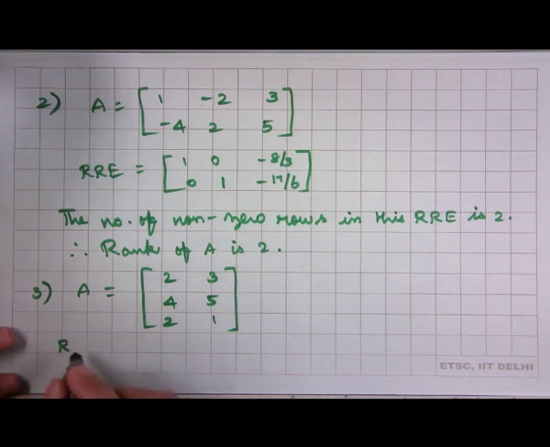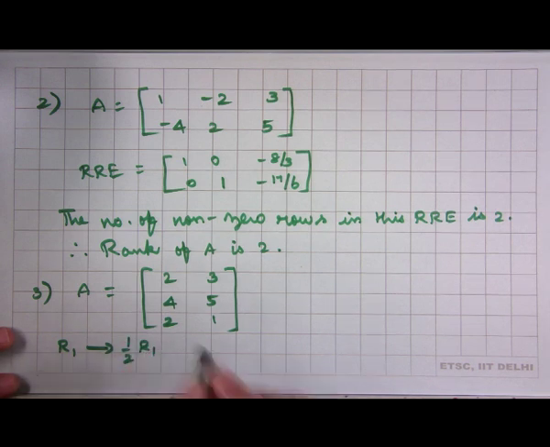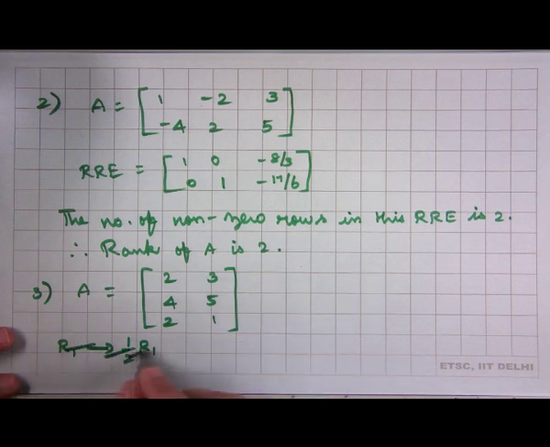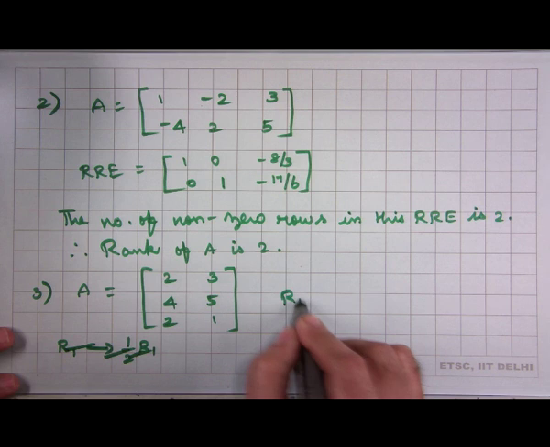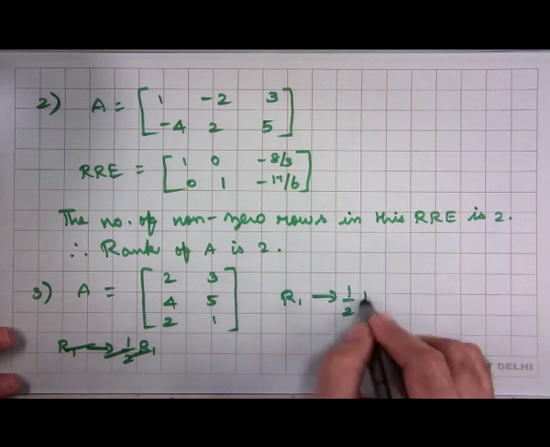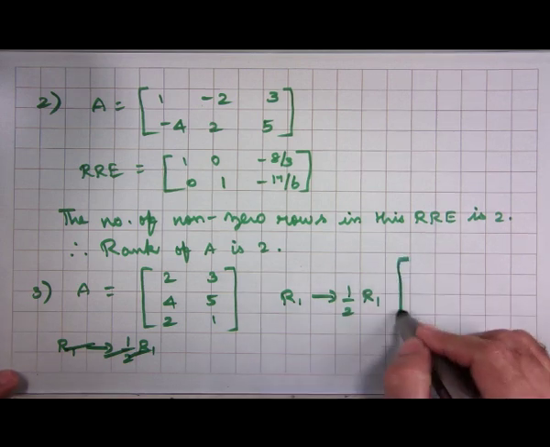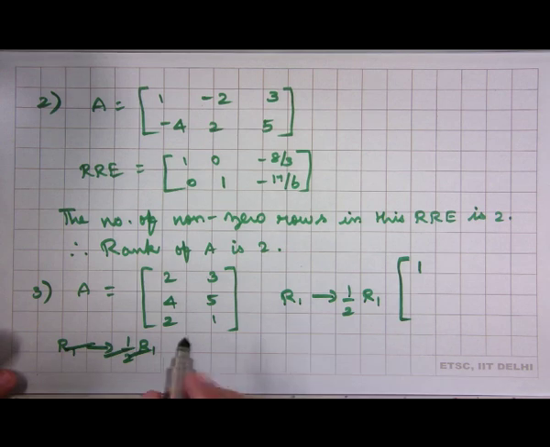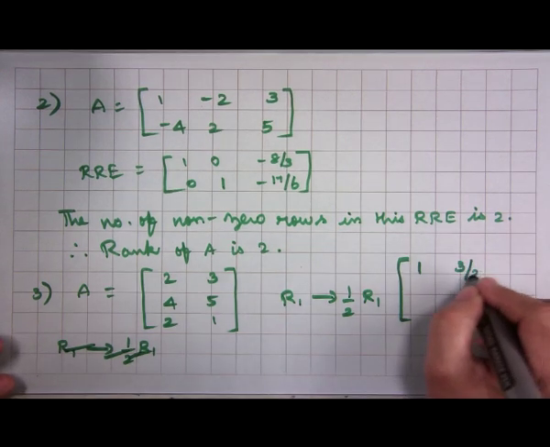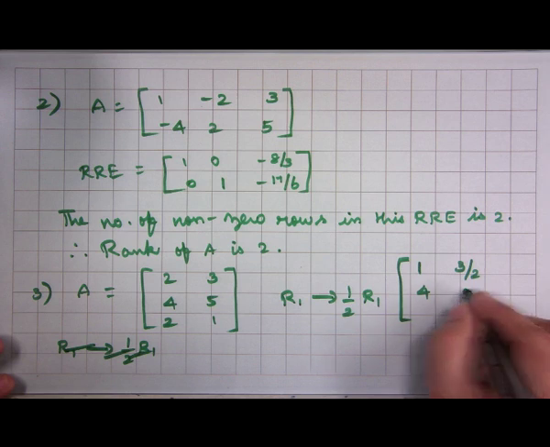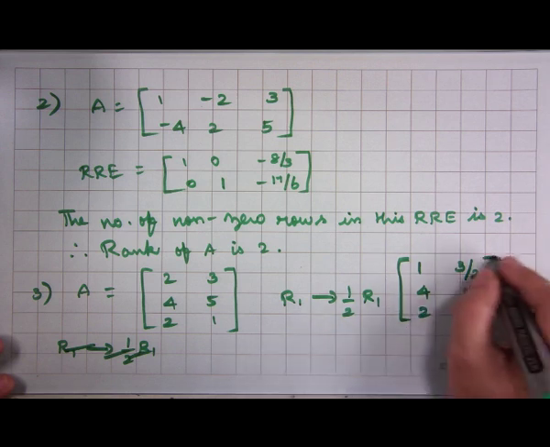So, we are going to replace R1 by half of R1. So, let me write it here. R1 is replaced by half of R1. You have 1, 3 by 2, 4 5 2 1.